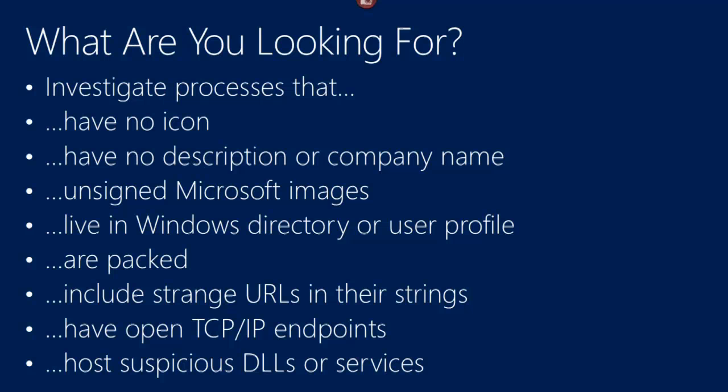It says that it's from Microsoft, but it doesn't have a valid Microsoft digital signature on it. It lives in the Windows directory or the user profile, as opposed to the standard places where software gets installed, like Program Files. And this one is more and more now malware living in user profiles, as you'll see.